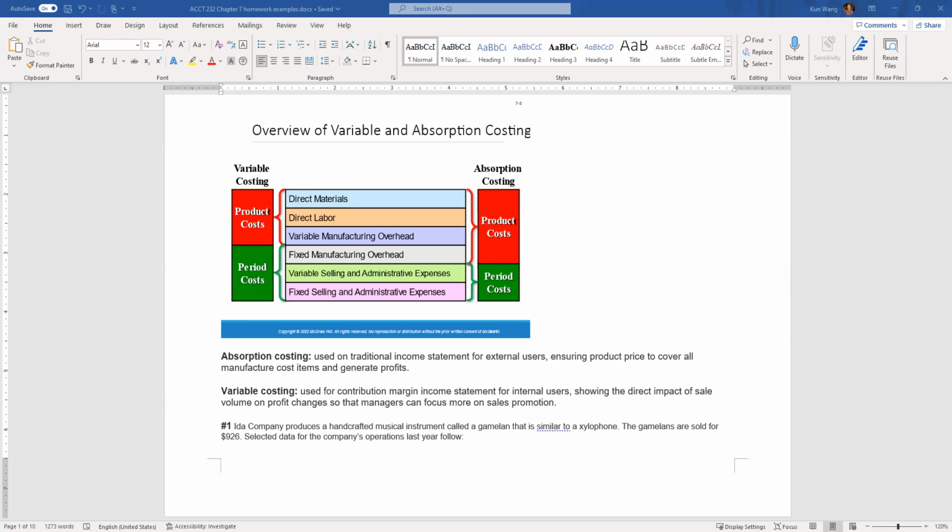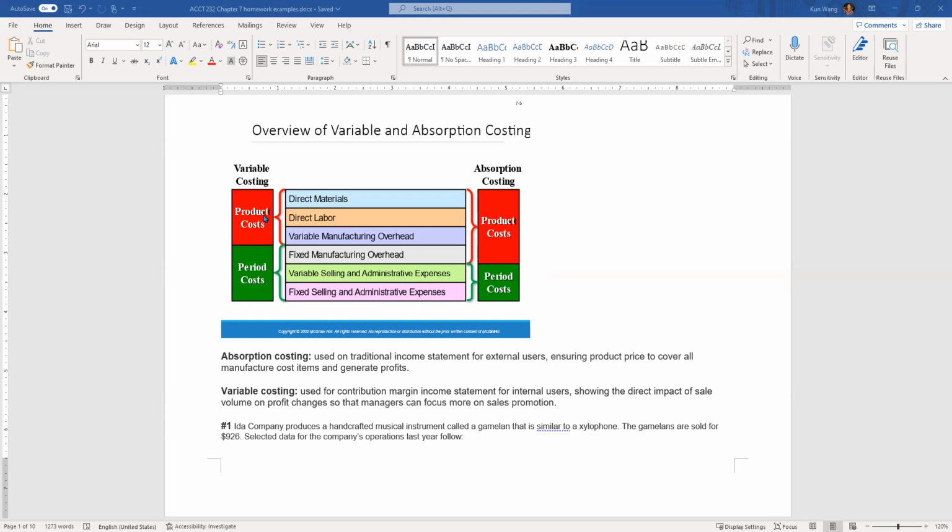And all of the period costs, the sales, admin, and general expenses, no matter whether variable or fixed, will be deducted as period cost in the income statement under the absorption costing concept.